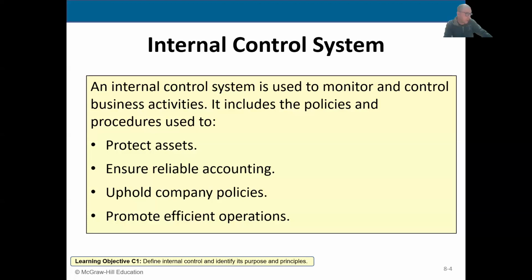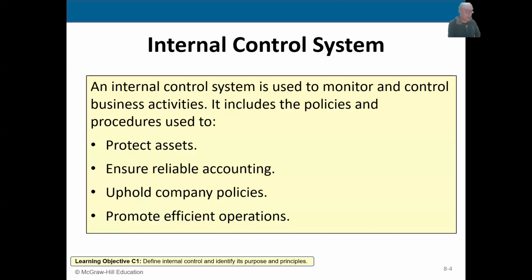So in business, it's really important that we follow what we call a system of internal controls. It's a set of policies and procedures designed to help us protect our assets. We need to make sure that our inventory is secure. We need to make sure that our process for tracking inventory is accurate. We need to make sure that our cash is properly secured, accounted for, and our balance in our bank account is accurate.